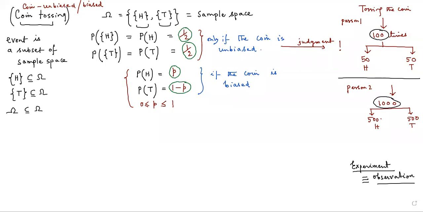So basically what is happening is the following. The assumption that he has made regarding the coin is based upon some sort of testing. After doing the testing, he is making the assumption that the coin is unbiased.